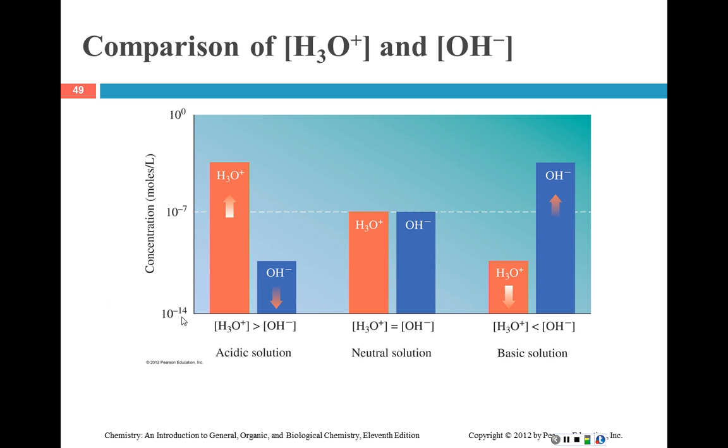So in an acidic solution, you're going to have a higher hydronium concentration than hydroxide. In a neutral solution, they're going to be equal. They're both going to be what? 10 to the minus 7, so that's our neutral point. In a base, you're going to have a higher hydroxide than you have hydronium.